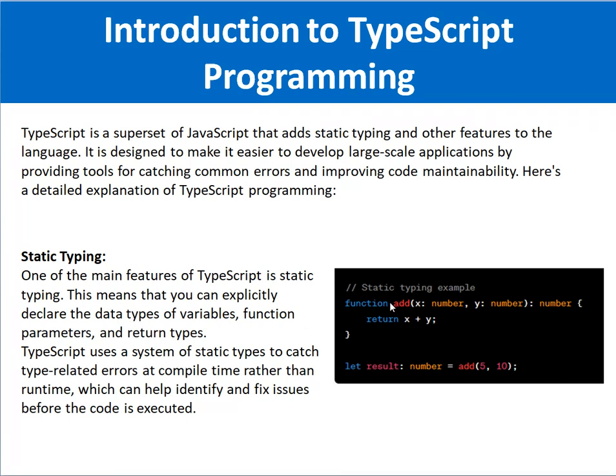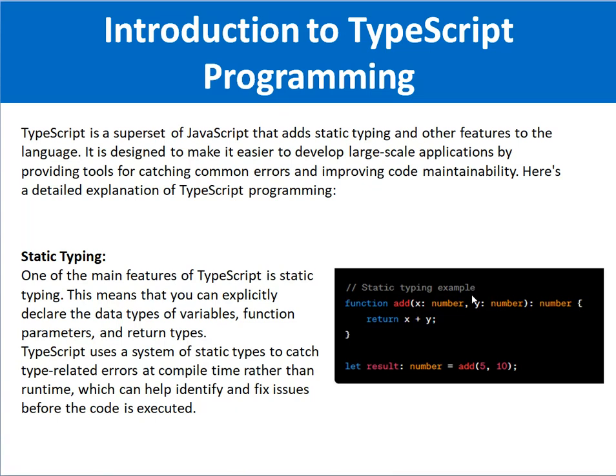Let me give an example of static typing. This is the function add, which takes two inputs, x number and y number, and it will return a number after adding x plus y. If I call the function add with the values 5 and 10, after adding 5 plus 10, 15 will be returned.